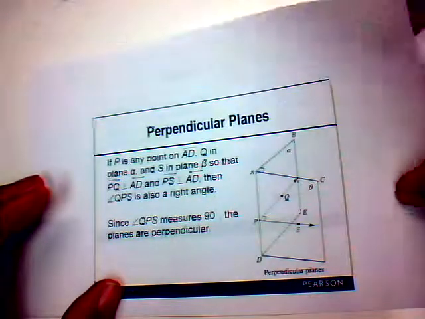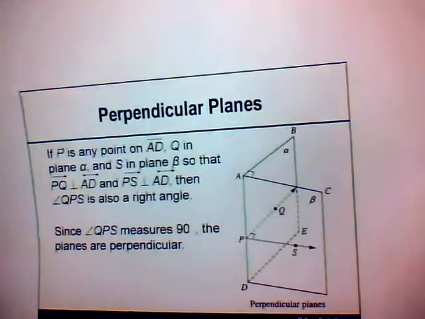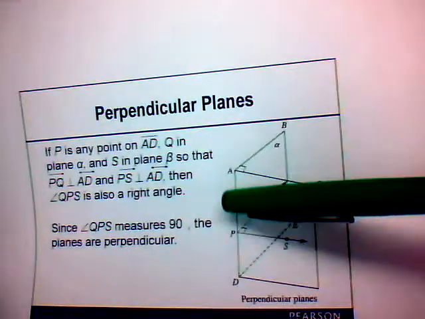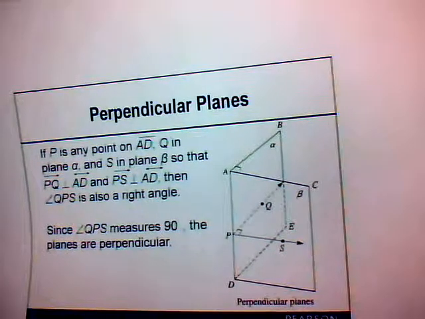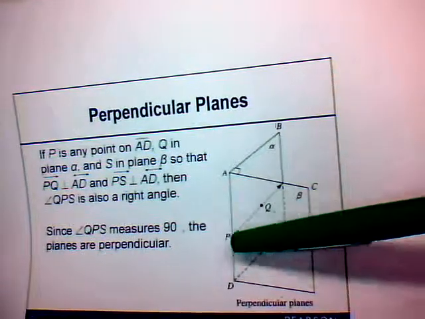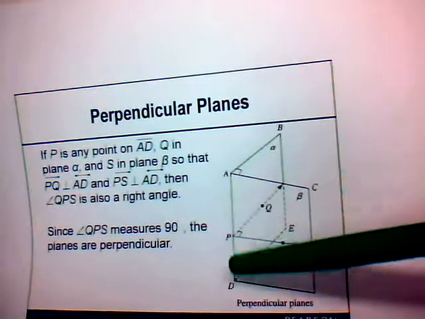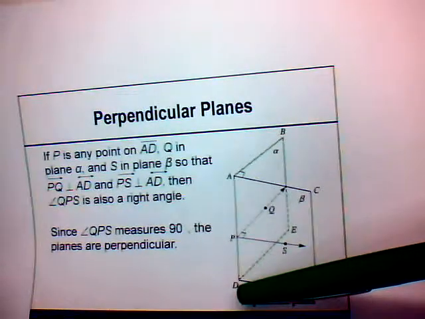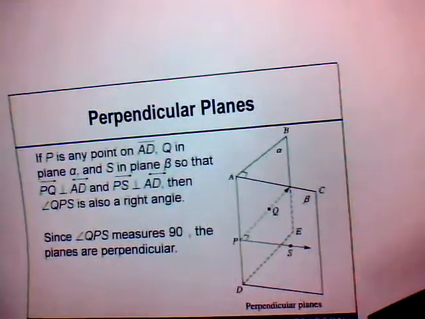Okay. And the next thing we'll look at is perpendicular planes here. If P is any point on AD, here's P on AD, in plane alpha, and S in plane beta, so that PQ is perpendicular to AD and PS is perpendicular to AD, then angle QPS is also a right angle.